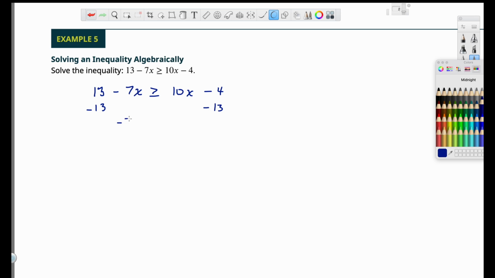So I've got negative 7x is greater than or equal to 10x minus 17. Now I'm going to subtract 10x from both sides. So I got negative 17x is greater than or equal to negative 17. And now I'm going to divide by negative 17. This changes the signs and we have to flip the inequality.